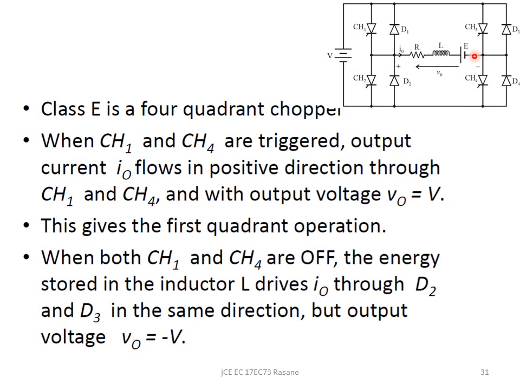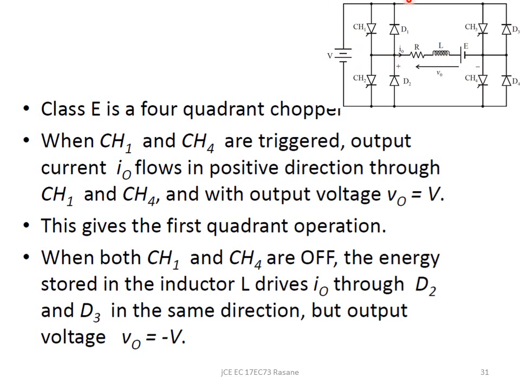When both CH1 and CH4 are off, the energy that is stored in the inductor L drives this current through D2 and D3. Where is D3? Here, like this. So the current will remain positive only, and voltage across the load will be negative.